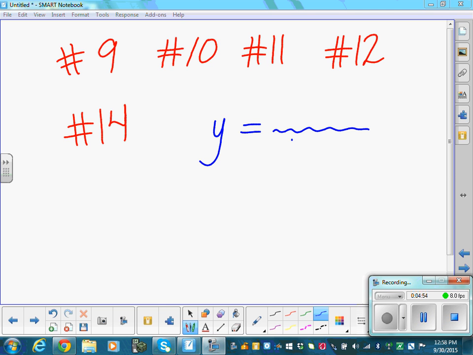And then the very most important thing is to make sure your a value is positive 1. If it's not, you've got to factor it out and then solve for what's inside the parentheses, and then go through and complete the square. So we did tons of examples like that yesterday. So now we're going to go ahead and learn the new stuff.